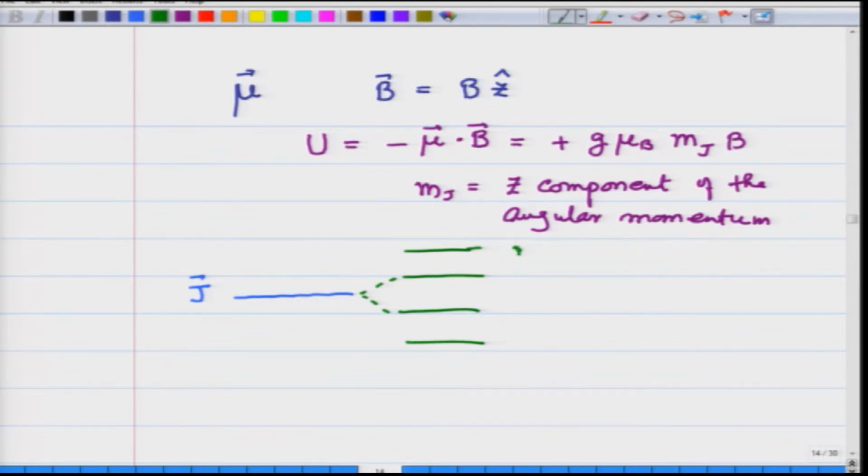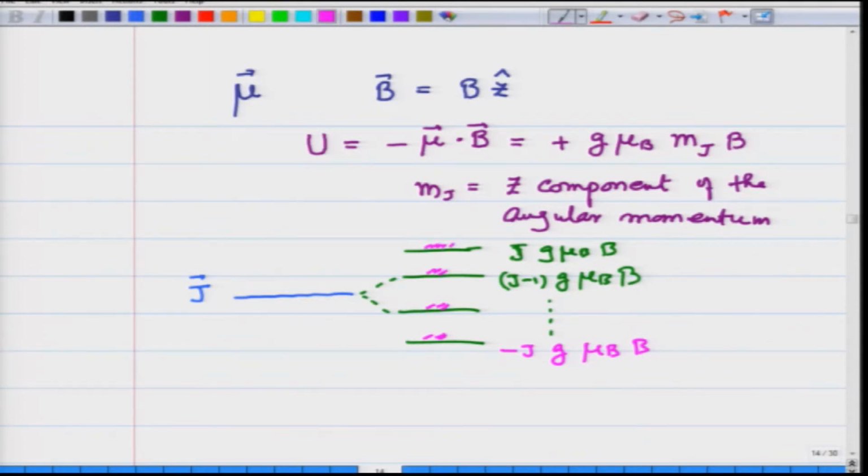So, let us say this is j g mu B B. Next one is going to be j minus 1 g mu B B, and so on, and the lowest level is going to be minus j g mu B B. These are the energy levels into which this will split, and at a temperature T, the atoms are going to be distributed among these levels.